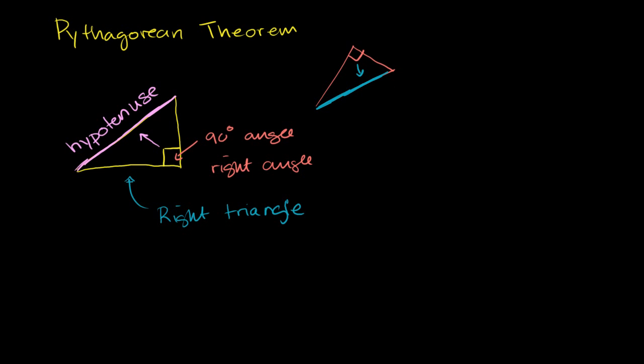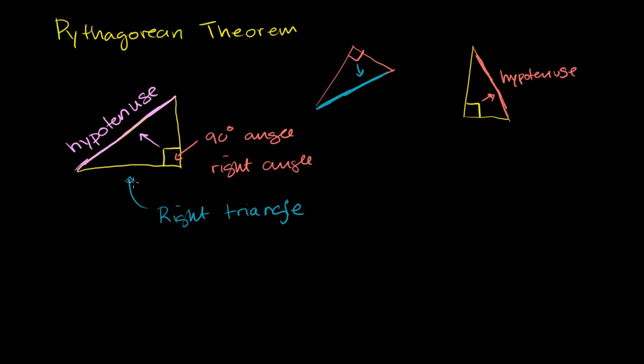It is the longest side. Let me do one more. Let's say that that is my triangle, and this is the 90 degree angle right there. You go to where it opens into, and that is the hypotenuse. That is the longest side.